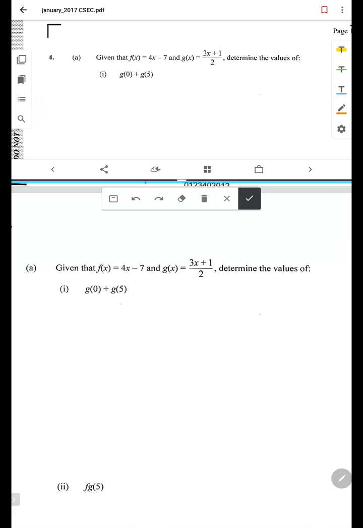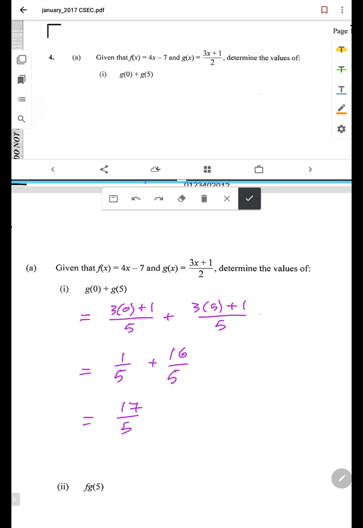So this becomes equal to g of 0 is 3 times 0 plus 1 over 5 and g of 5 is 3 times 5 plus 1 over 5.